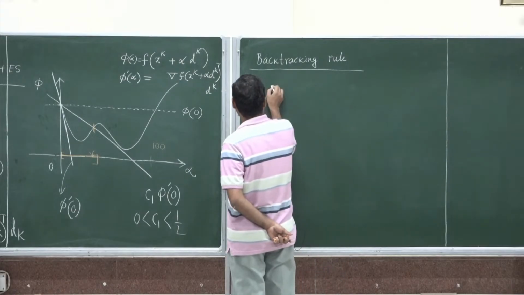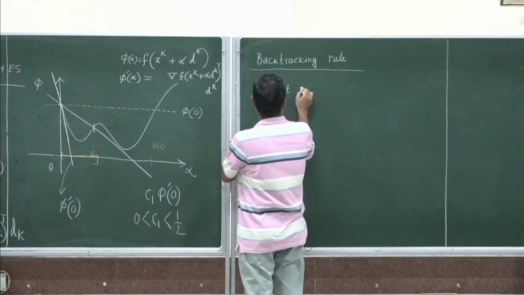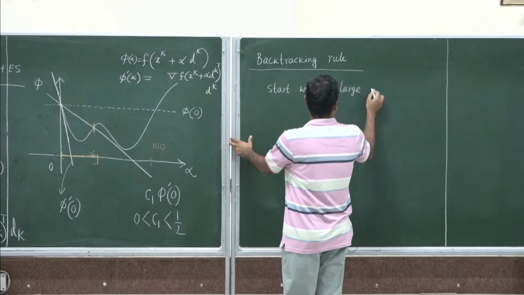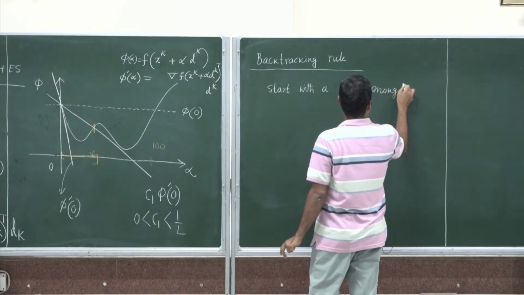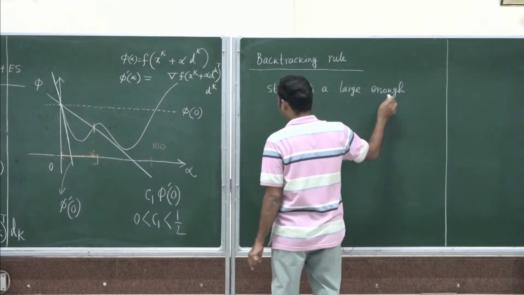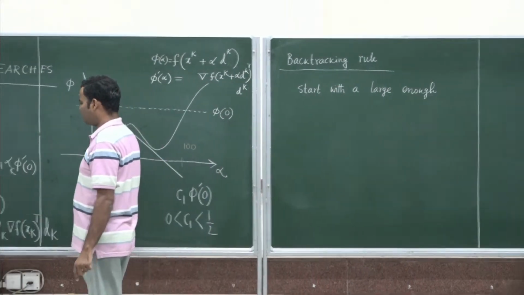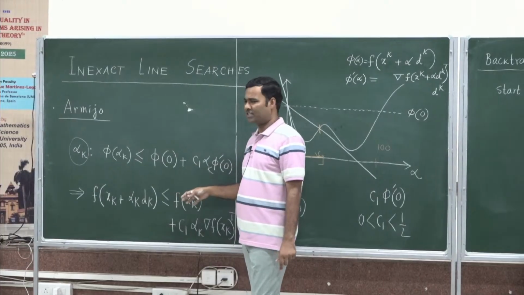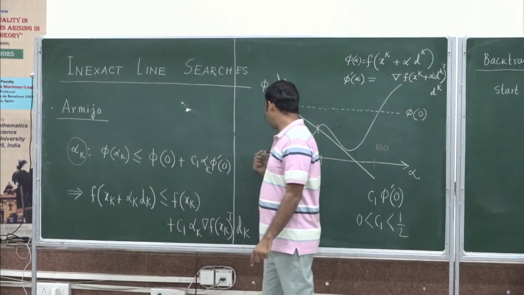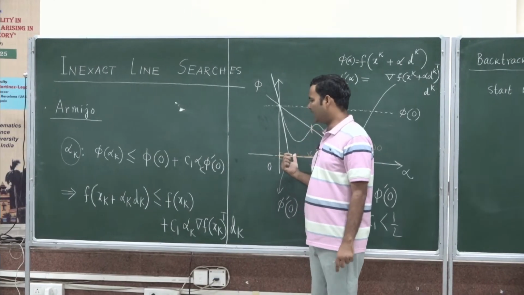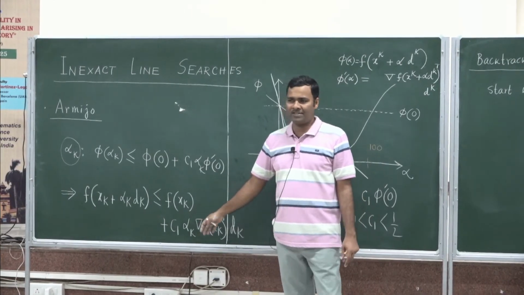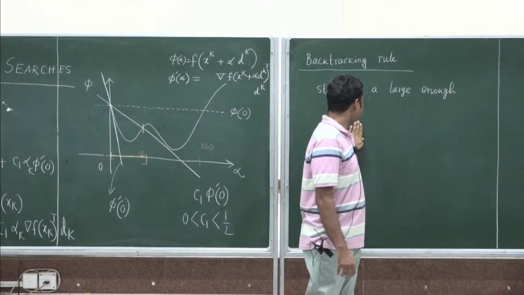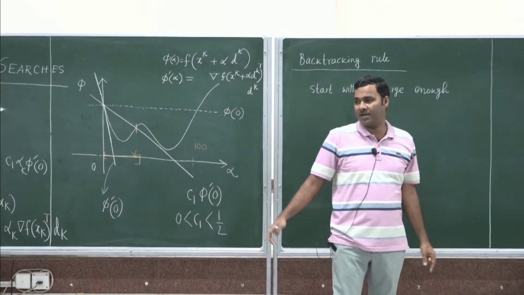So here, start with a large enough alpha k. By large enough, I simply mean that the initial alpha k should not be chosen such that it is automatically satisfied. Like here, if alpha k is chosen very small, then that will be automatically satisfying this inequality, and therefore it suggests that you take large enough in such a manner that the initial choice is not satisfying that inequality.